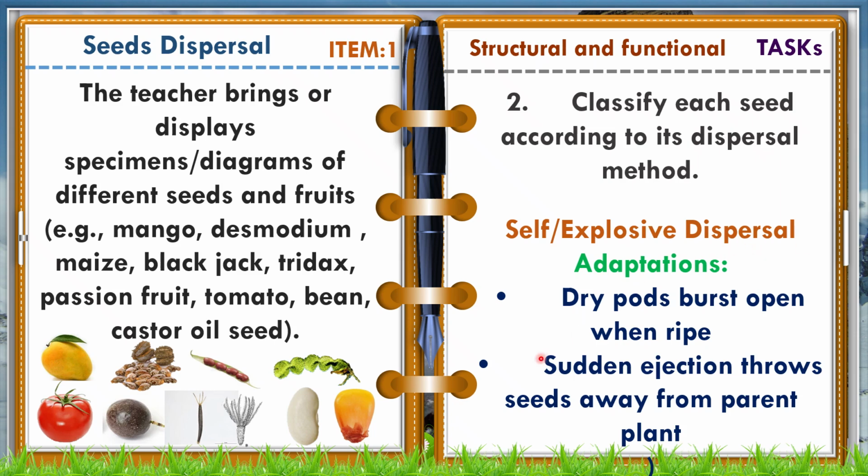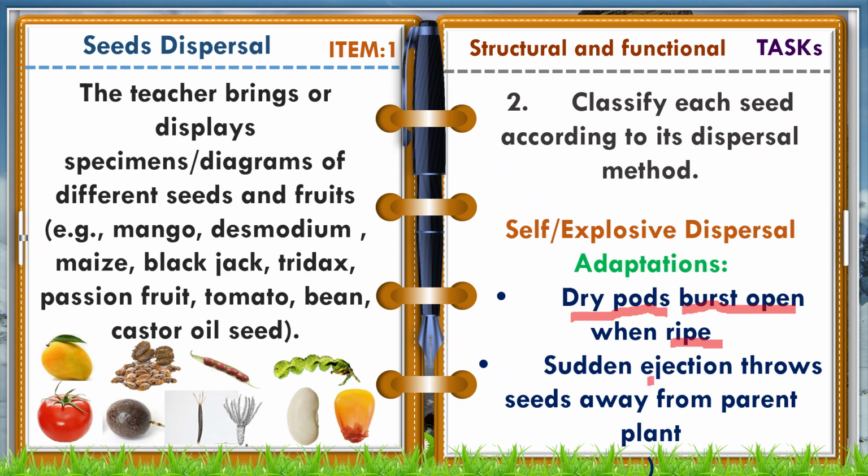Then we have their adaptations. What are their adaptations that help them to be dispersed by explosion? One, they have dry pods, and these ones burst open when ripe.